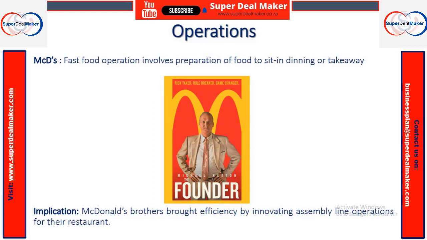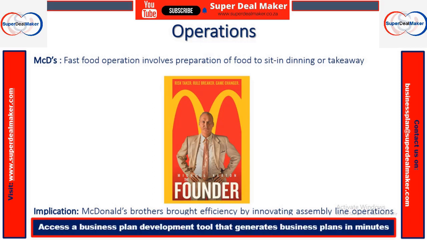Standardization and modular operations allow McDonald's to easily expand and franchise its operations. Standardization is about ensuring that all the operational processes are performed with a set of guidance, and this allowed McDonald's to replicate stores easily in different locations.